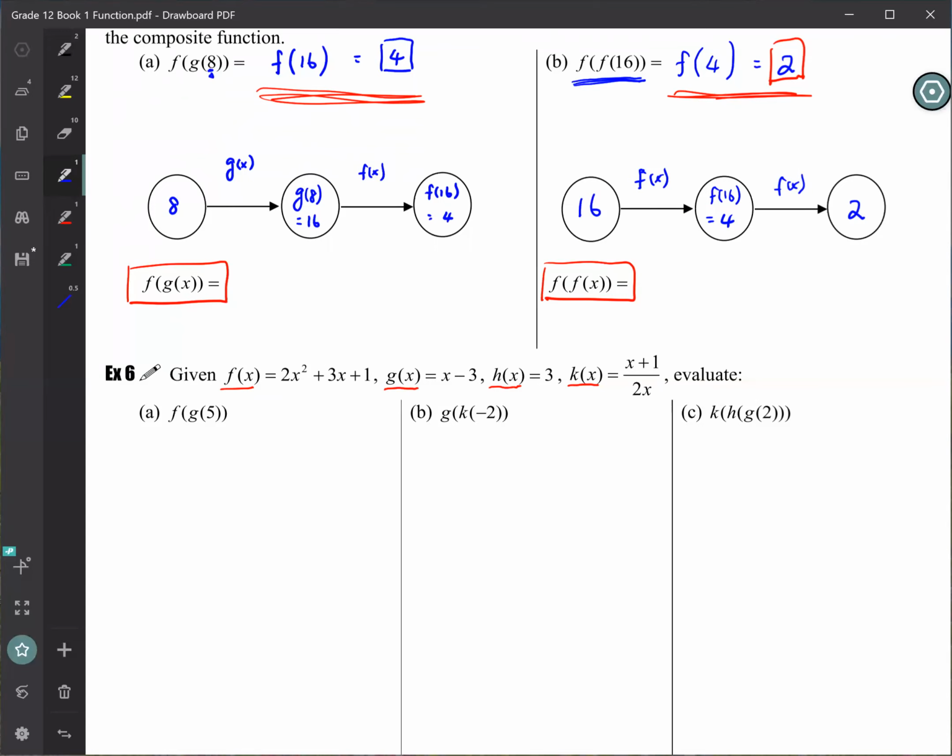Has anyone here learned this before, the composite function? No? Okay. Remember to raise your hand if you finish all 3.